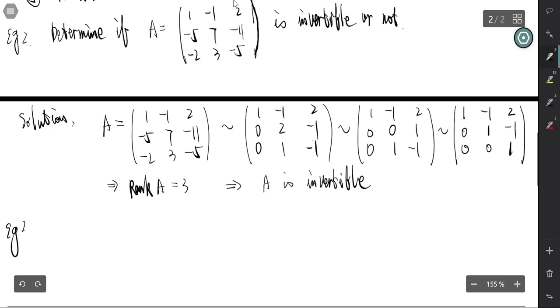Let's see another example. If A is -1, 4, 5, 2, 0, 0, 0, -1, and 1, -2, -2, 0, and 0, -1, -1, 0.